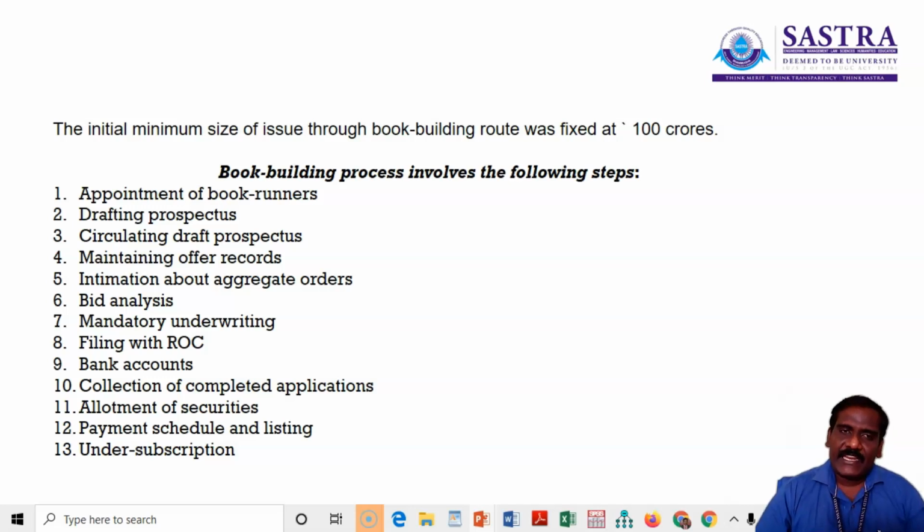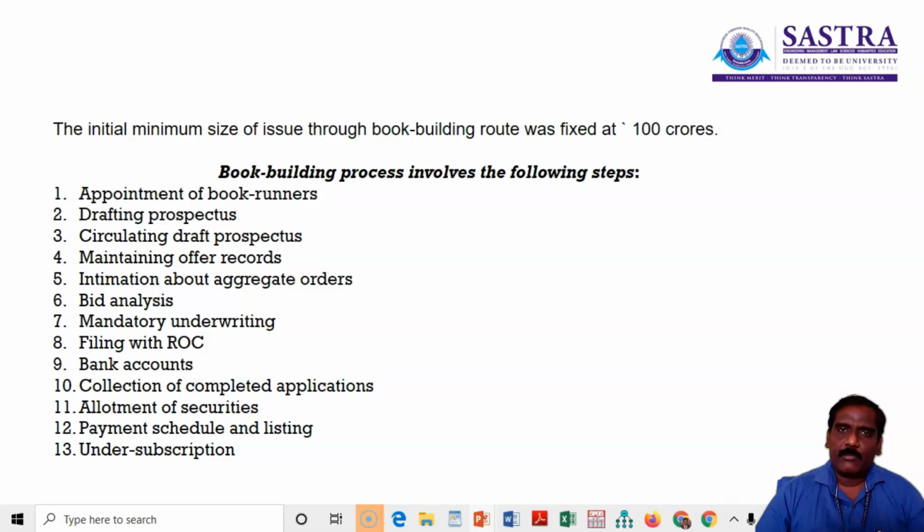They collect the offers from those investors in the market, and intimation about the aggregate orders, how many orders have been received for the issue, is given. Through bid analysis, they finalize the lower price and the higher price for the issue. The price band is decided during the bid analysis.